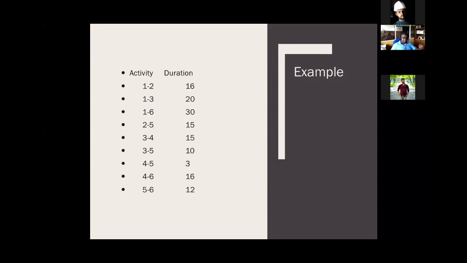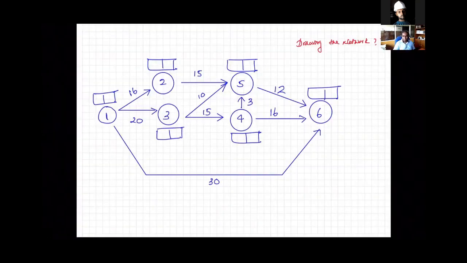From the theories that you have discussed last time, you can do this. Drawing the network, I don't think that there are issues, so I will be working this out. So I'm starting with 0 here. 0 plus this 16 should be 16 here.